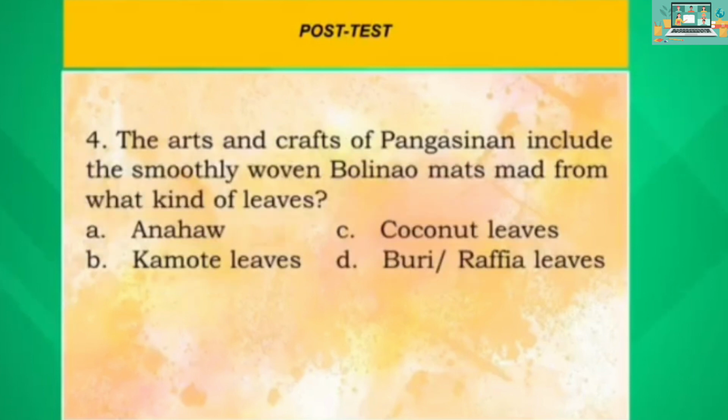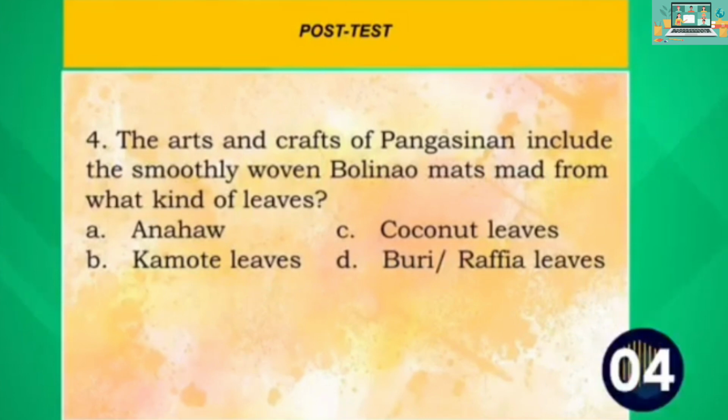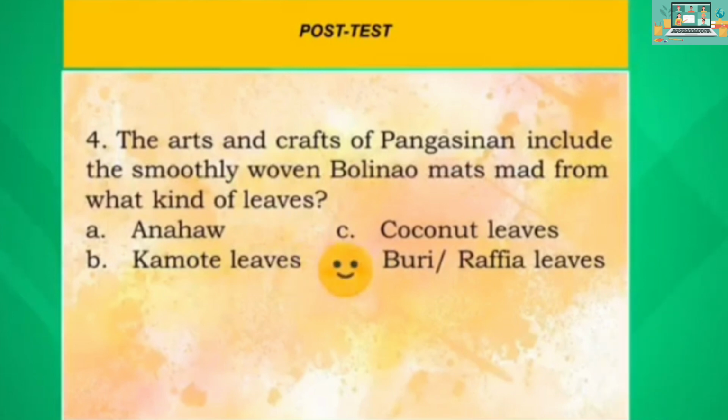Number 4, the arts and crafts of Pangasinan include the smoothly woven Bolinao mats made from what kind of leaves? A. Anahaw, B. Kamote leaves, C. Coconut leaves, D. Buri or raffia leaves. And the correct answer is letter D, Buri or raffia leaves.